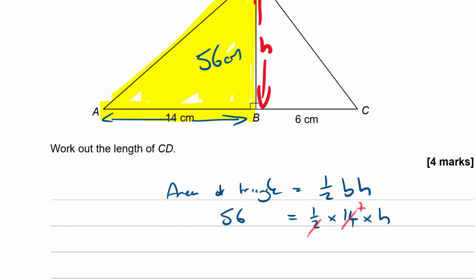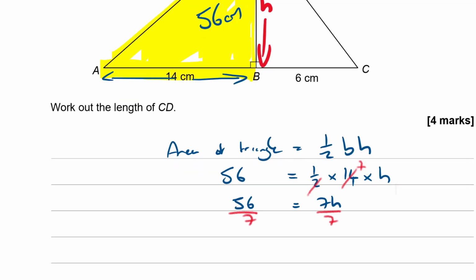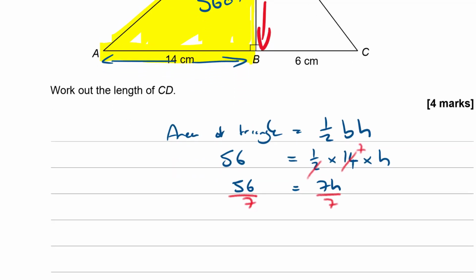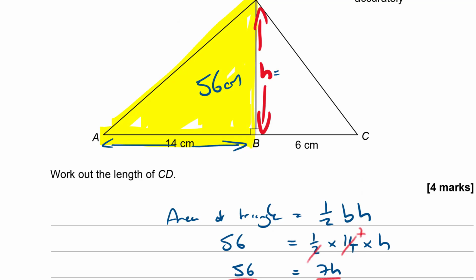So actually what I've got here is 56 equals 7h, and then dividing both sides by 7. Sevens into 56 go 8 times, so that means that h is equal to 8. Okay, so now we know how tall this triangle is. It's 8. Now we want to find the length CD, which is this length here.